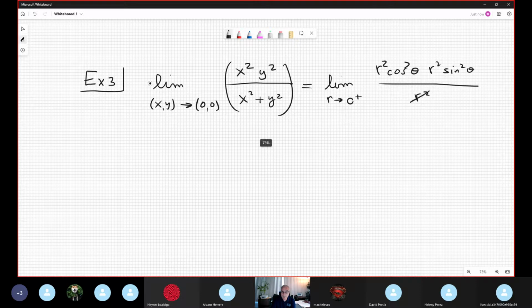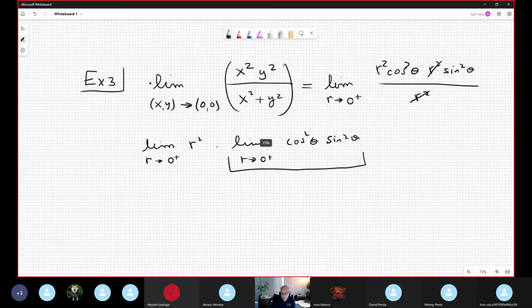So r squared cancels. You separate the limit as r approaches 0 plus of r squared. Here we have another limit, that is the limit as r approaches 0 plus of cosine squared theta and sine squared theta. This is not important. It's just a number, but this is 0. The answer is 0.